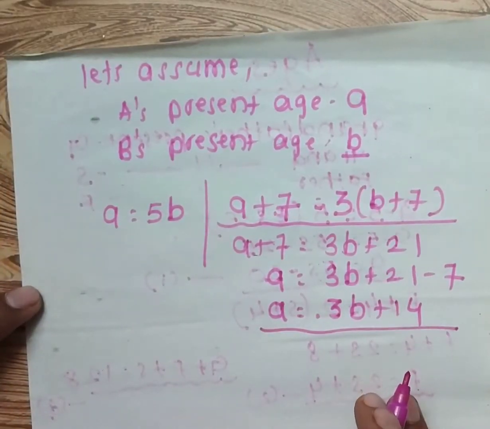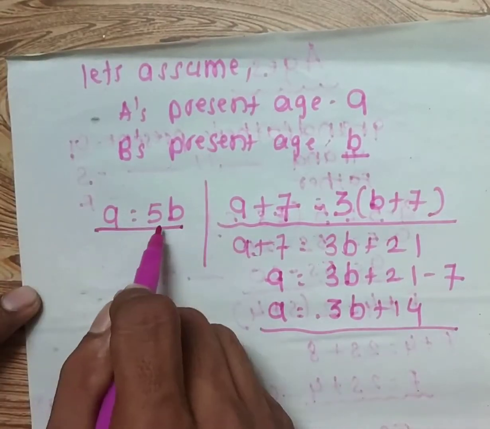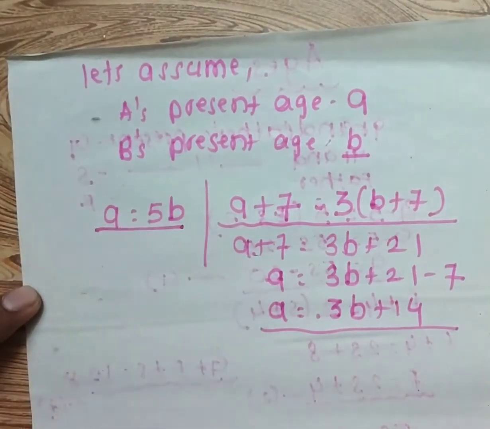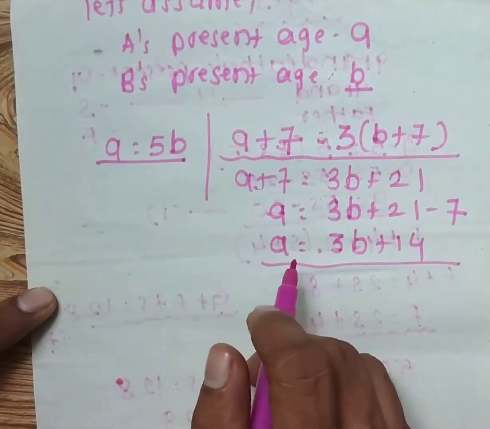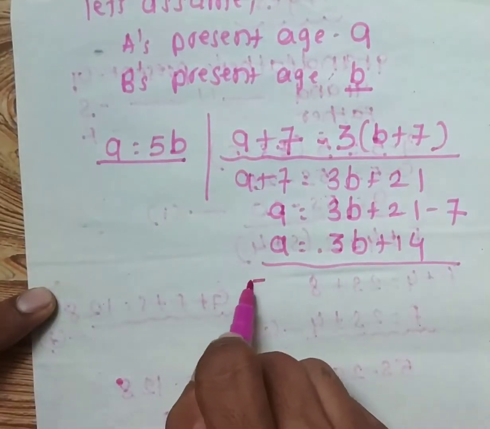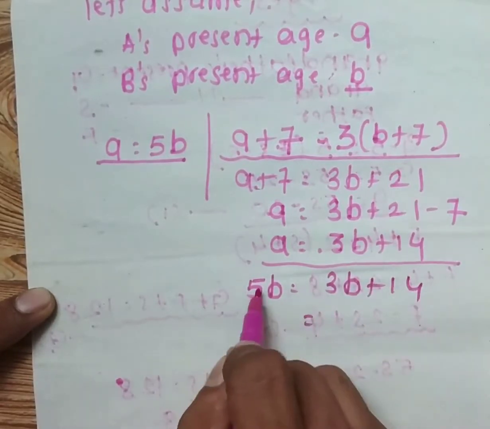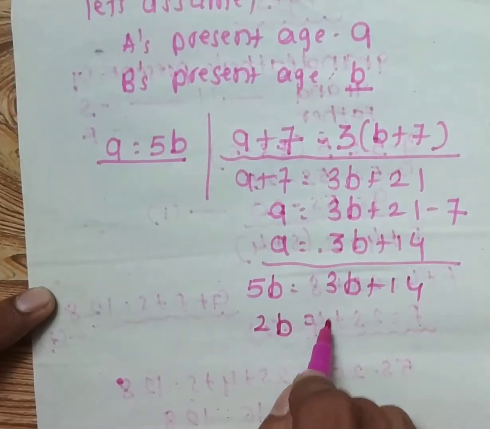We can put the value A is equal to 5B into this equation. We know that A is equal to 5B. So I can put the value of A as 5B into this equation. So 5B is equal to 3B plus 14. So 5B minus 3B is 2B is equal to 14.